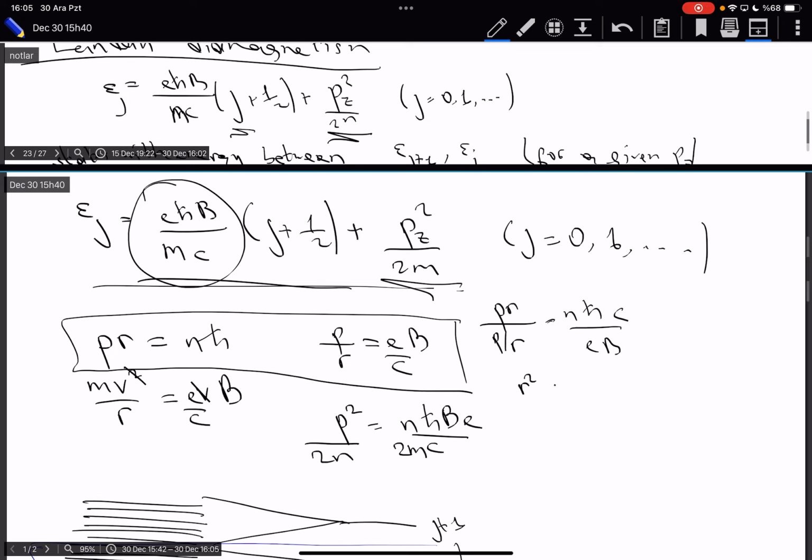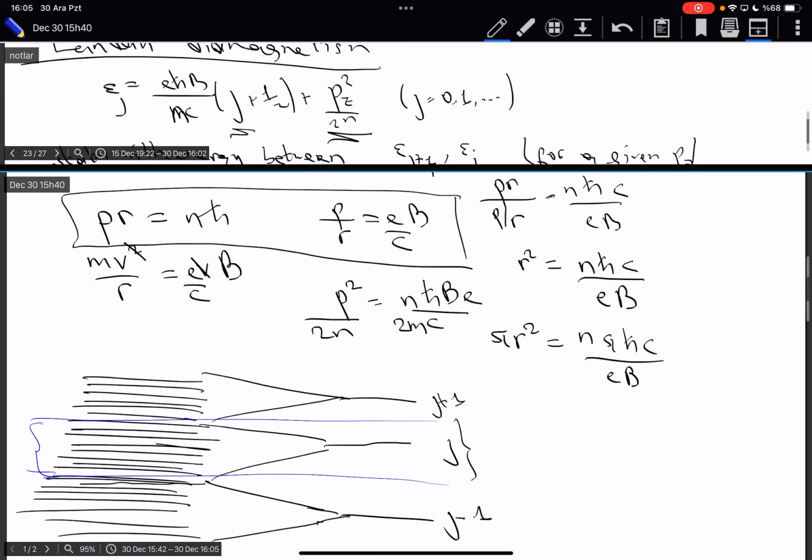So r squared should be n h bar c over eB. Well, r is the circular orbit of the electron, and pi r squared is the area.